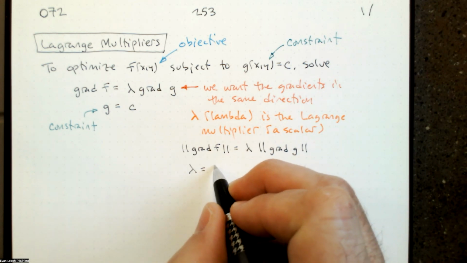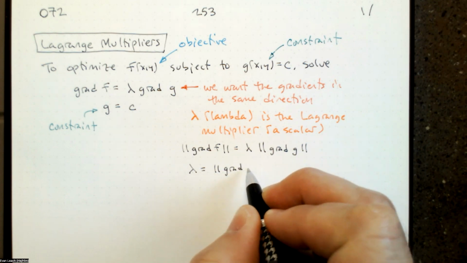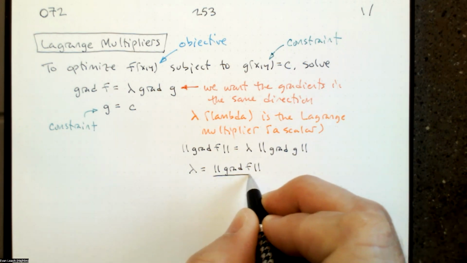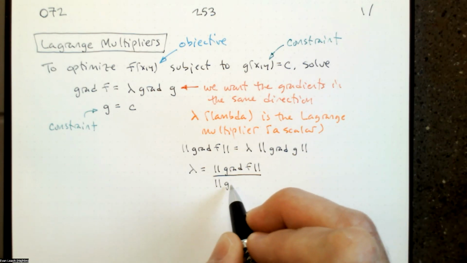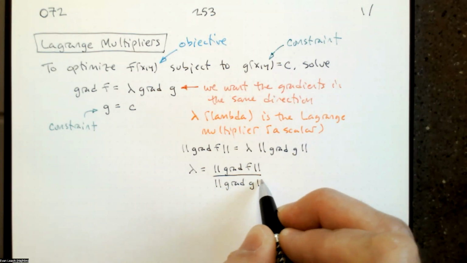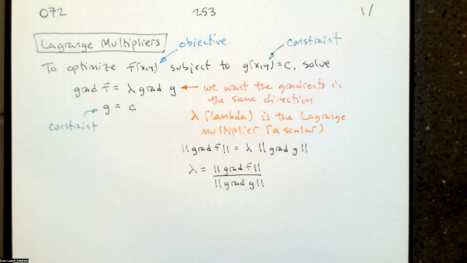Lambda is the magnitude of the gradient of f divided by the magnitude of the gradient of g. We had to drop magnitudes on all these because it doesn't really make sense to divide by a vector. But if we look at lambda, we see the gradient of f divided by the gradient of g. And that makes it look kind of like a rate of change, how much the function is changing with respect to how the objective is changing.